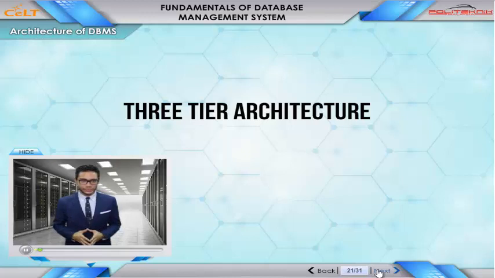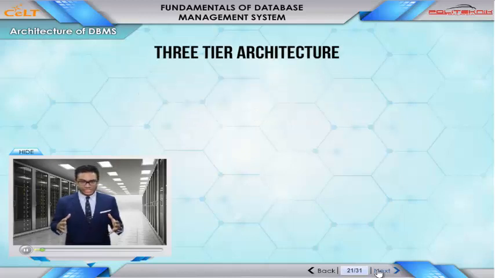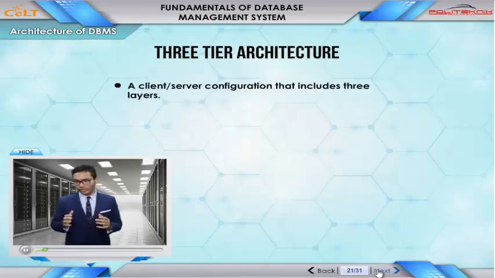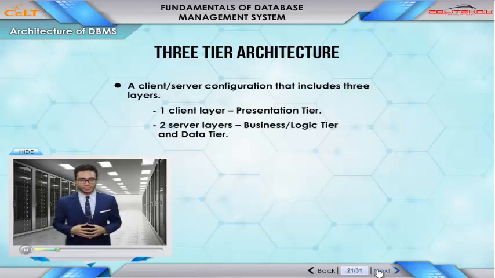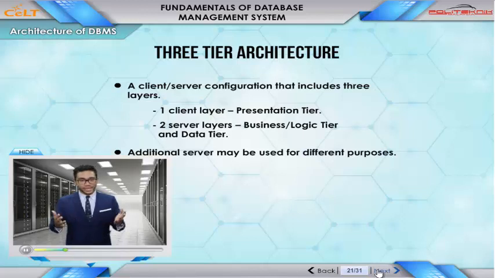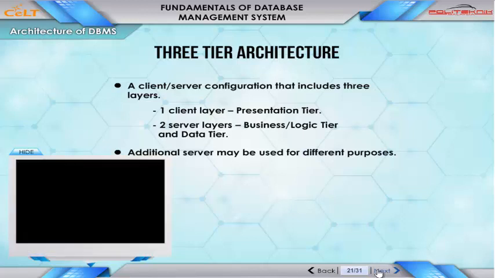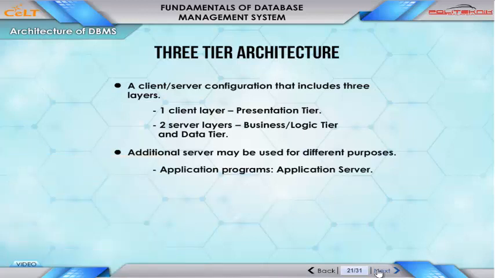Three-tier architecture. Three-tier architecture is a client-server configuration that includes three layers. One client layer, the presentation tier, and two server layers, the business logic tier and data tier. An additional server may be used for different purposes: application programs, application server, local database.